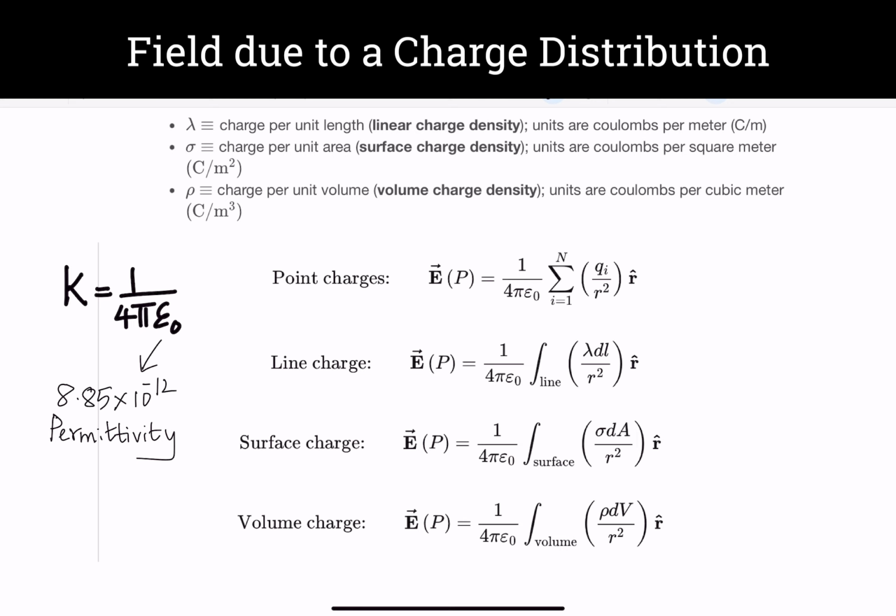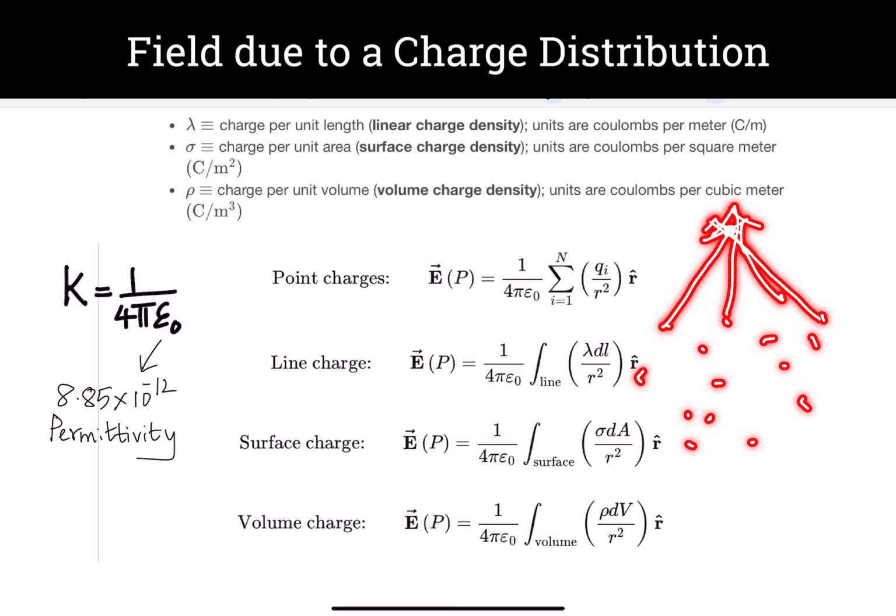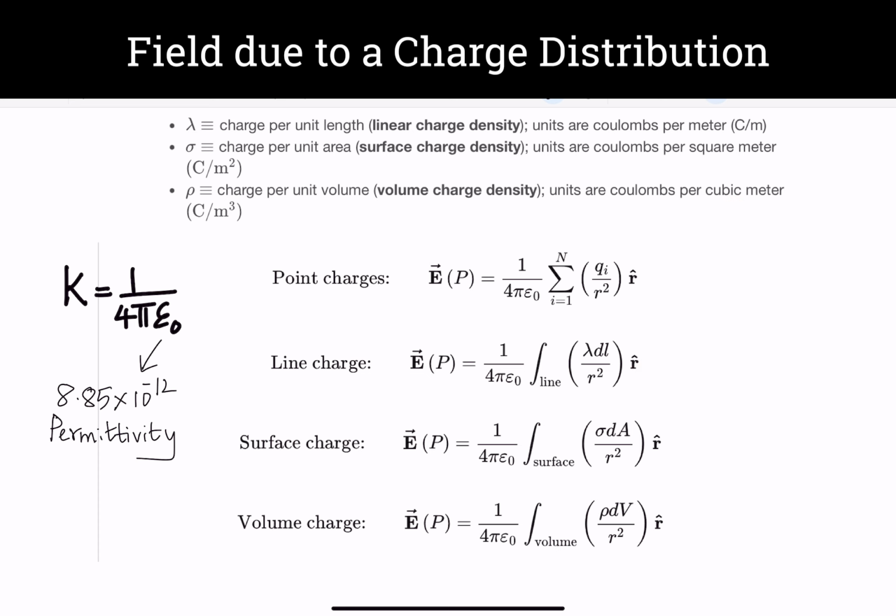So due to a point charge or due to point charges, if you have a lot of point charges and you're trying to find the electric field somewhere, you have to individually find the electric field due to each point charge and then sum them up. So that's what this shows.